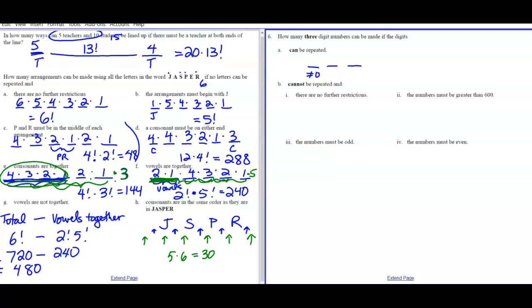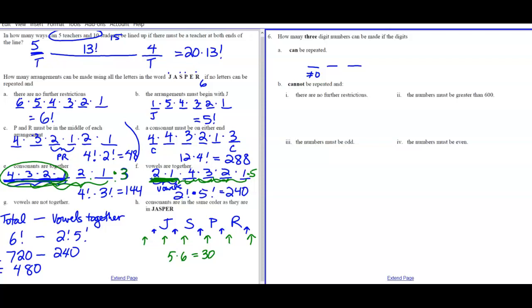The questions that might have an opportunity to put a 0 there might be something that we talk about, like a lock for your locker. Maybe the first number is 0, something like that. But for a 3-digit number or any digit number, they cannot start with 0.